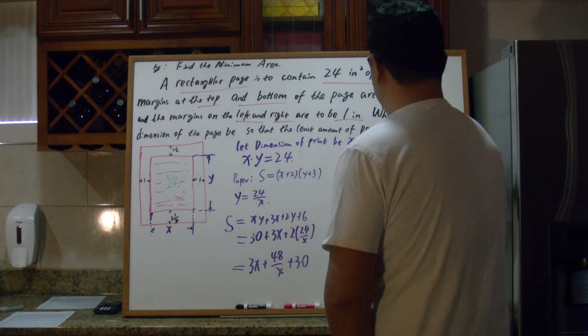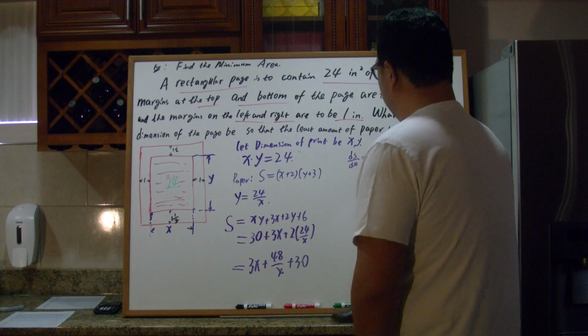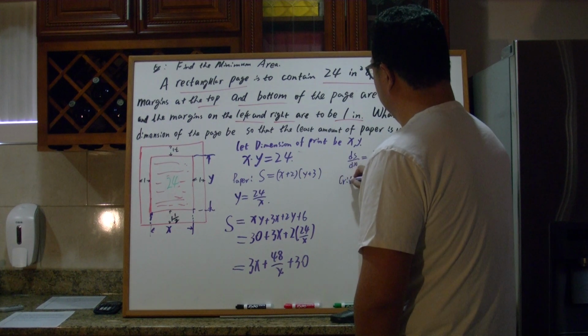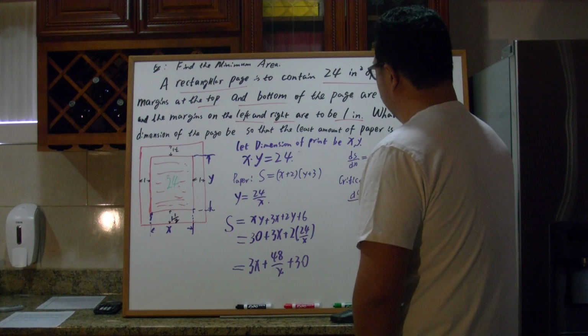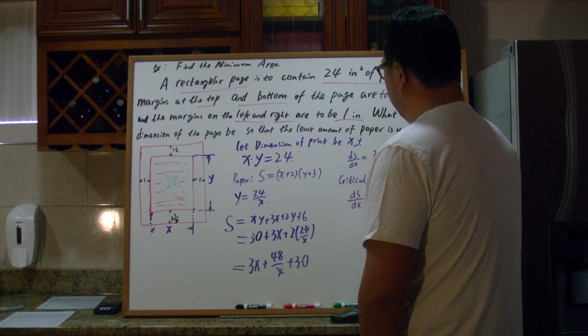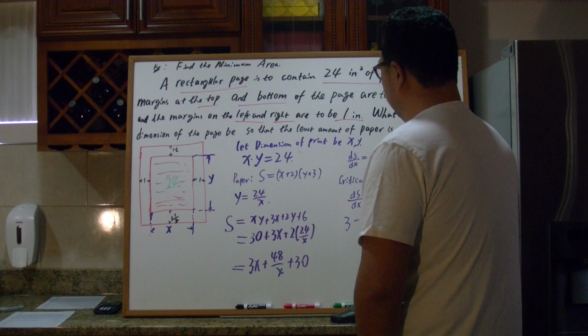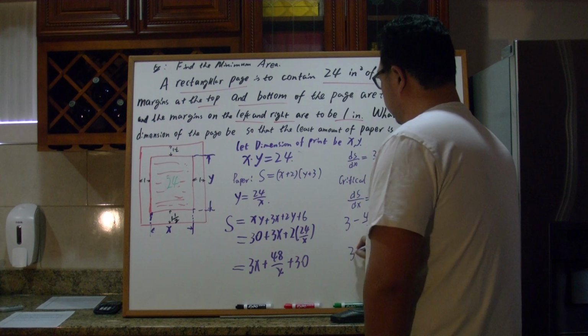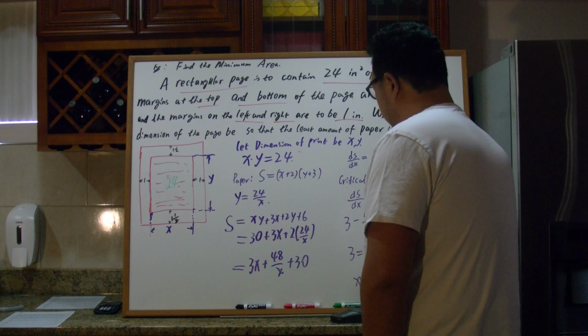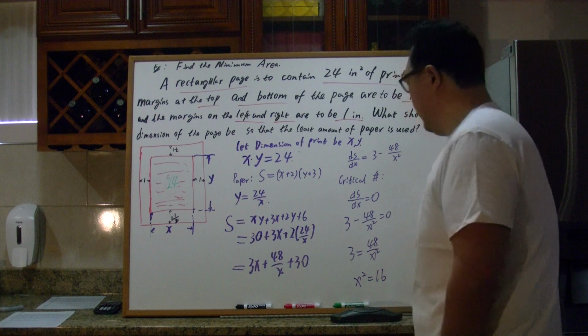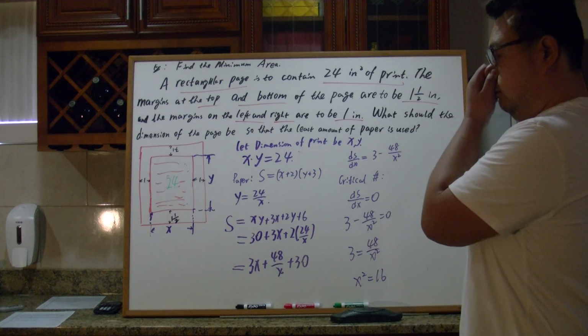Maybe a little too fast, right? So to find the critical number, we need to let dS/dx be 0. That's 3 minus 48 over x squared equal to 0. X squared has to be 16.